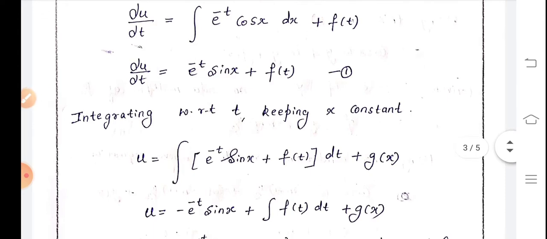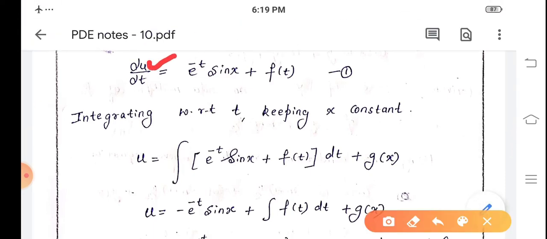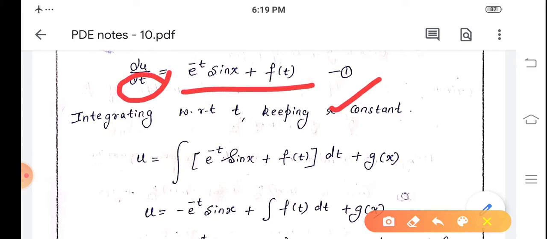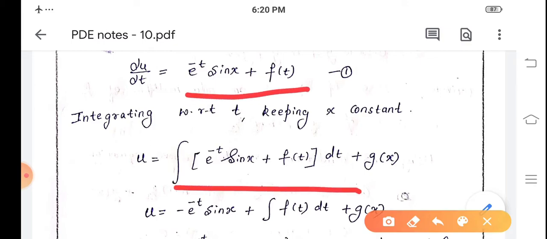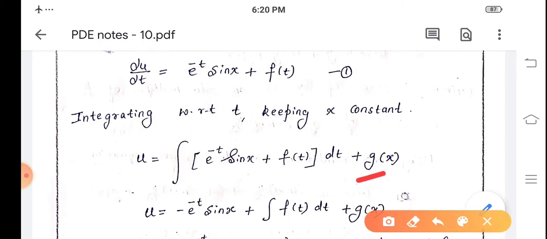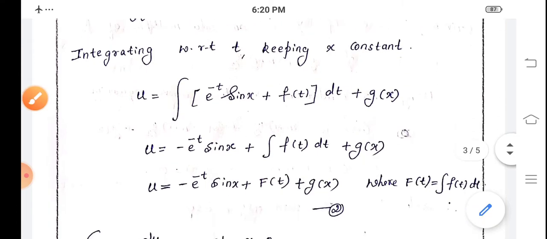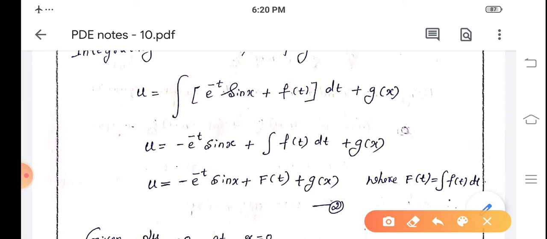Now in the next step, to obtain the solution for u, we integrate this with respect to t, keeping x constant. So we get u = ∫ (e^(-t) sin x + f(t)) dt, plus an integration constant as a function of x, that is g(x).